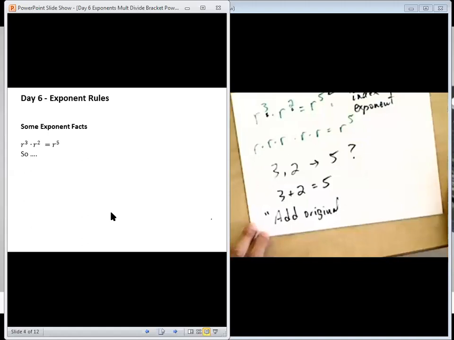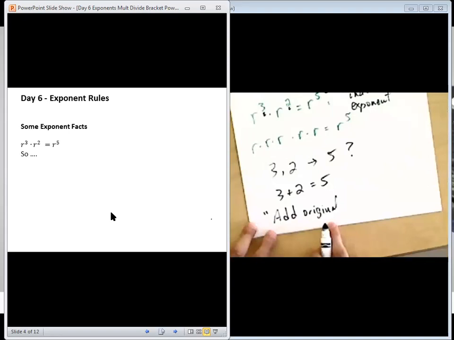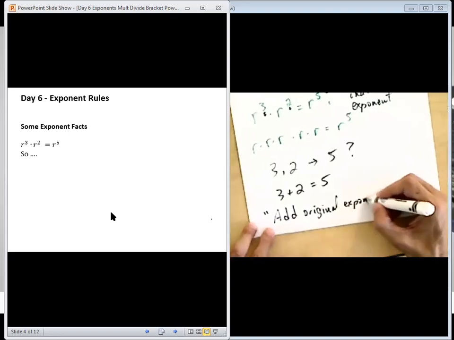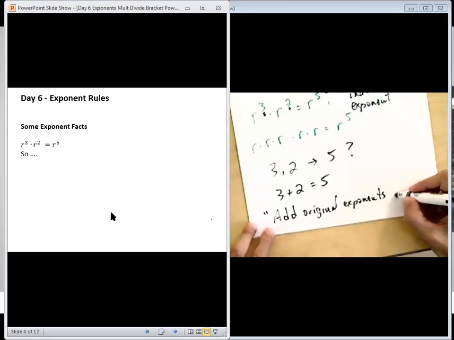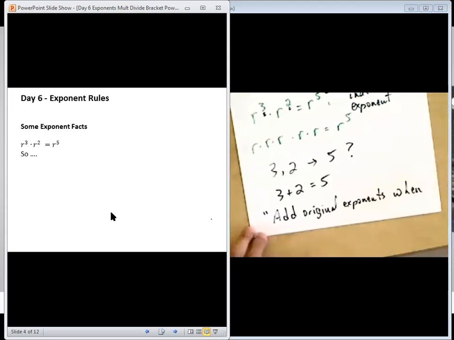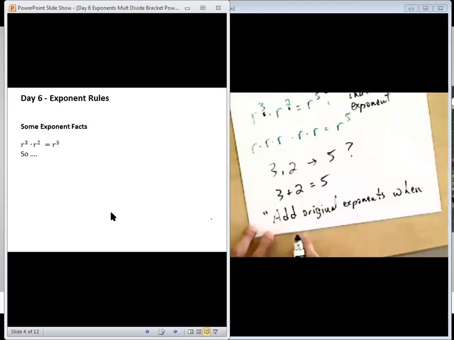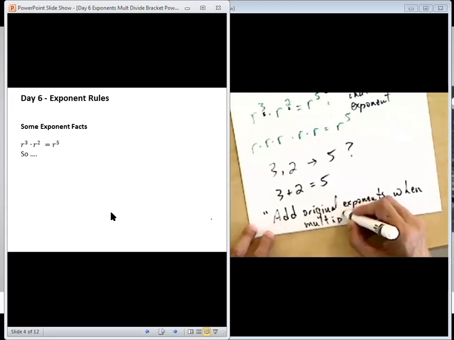So to get back to our rules, you add the original exponents when what? What's the operation going on here? Times, right. When multiplying.